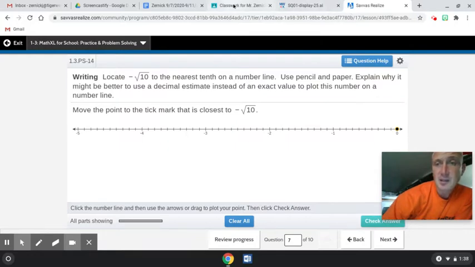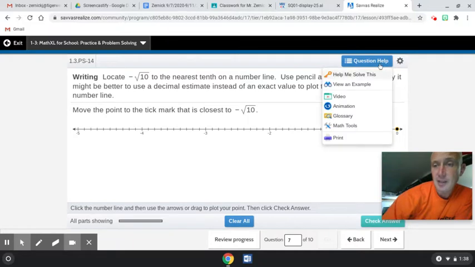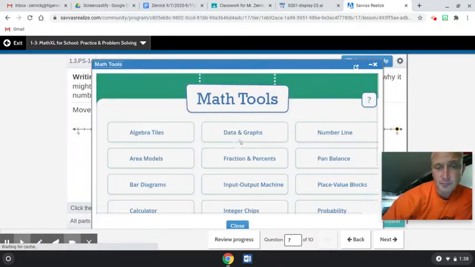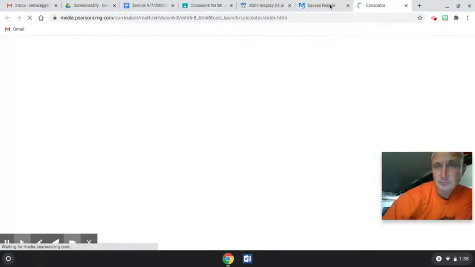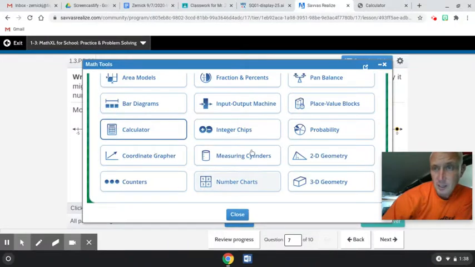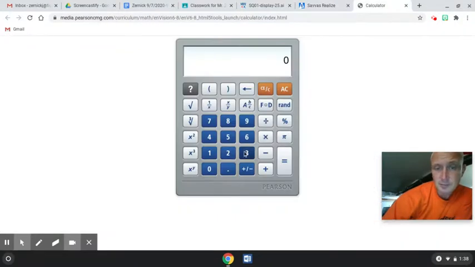So I'm going to start off my calculator at 3.3 and see if it gets me close to 10. Here again, I have to bring this back up in my math tools and grab my calculator. 3.3 times 3.3 gives me 10.89. I'm going to try 3.2 times 3.2.